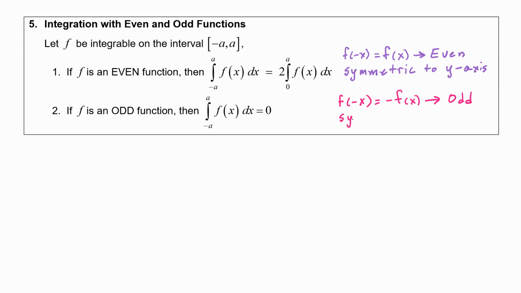And odd functions are symmetric to the origin. So next up, we will explore a couple of simple graphs to help you understand how these two rules can work to make finding integrals much easier to do.